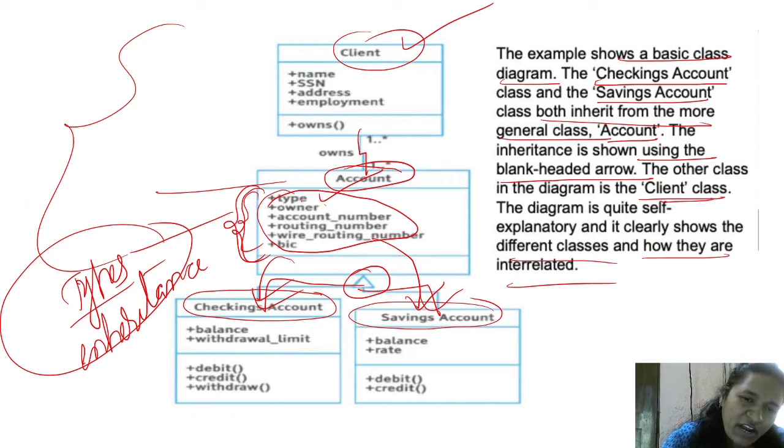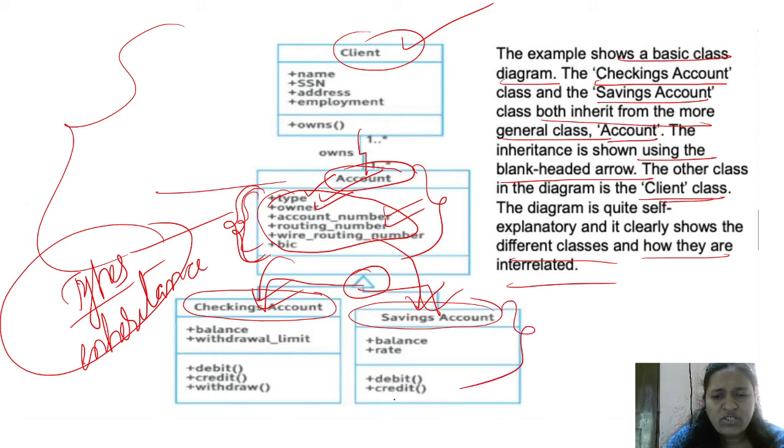Even for checking account, type, owner, and account number are there, everything is there, right? That's why we are inheriting the account for these two different types of accounts. This is just what a class diagram is: the relationship between the different classes.